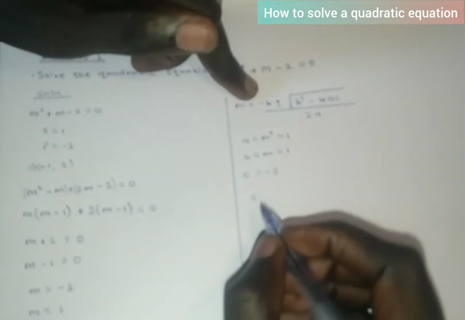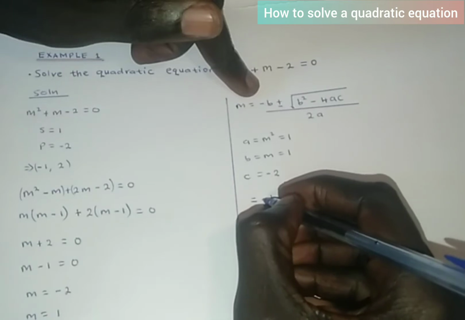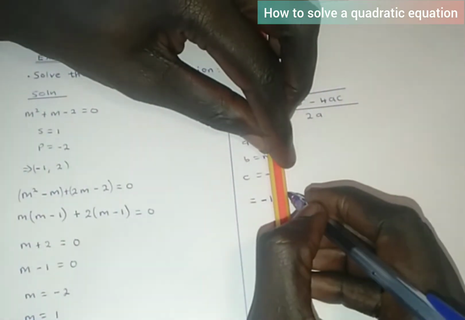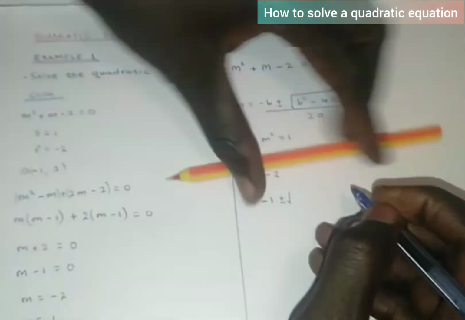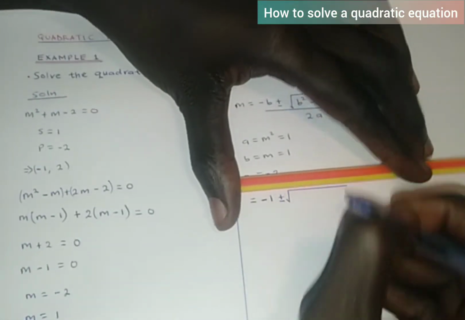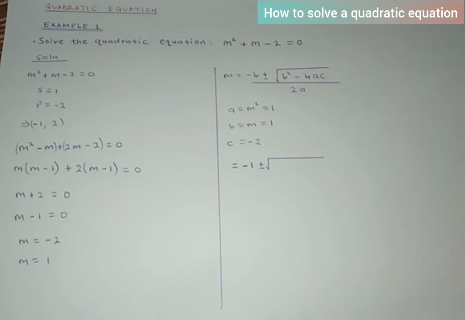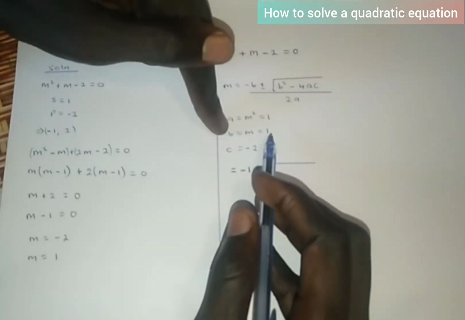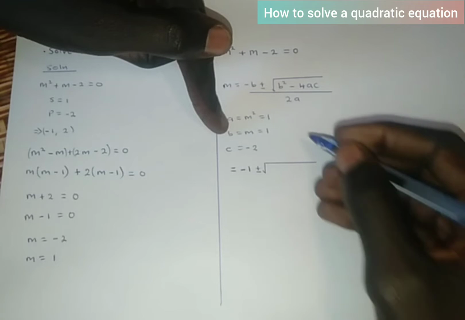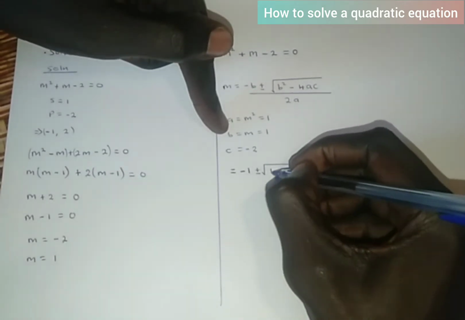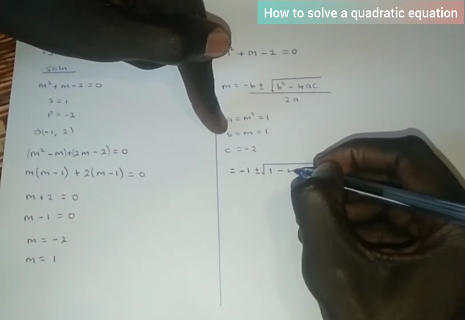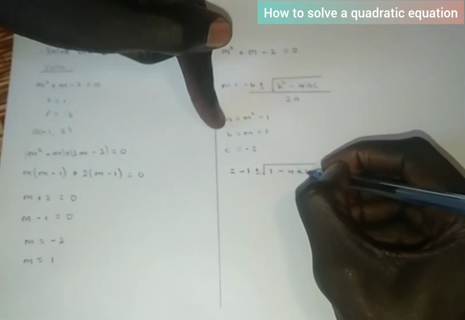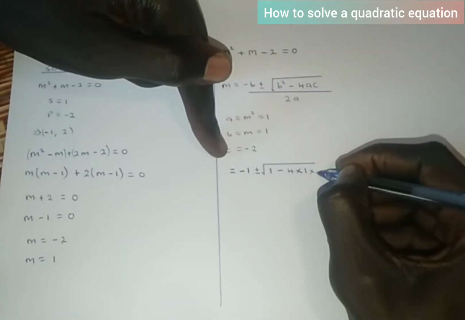So putting this into the formula, it will look like this: negative b, that is -1, plus or minus the square root of b squared, which is 1 squared, that is 1, minus 4 times a, that is 1, times c, -2.